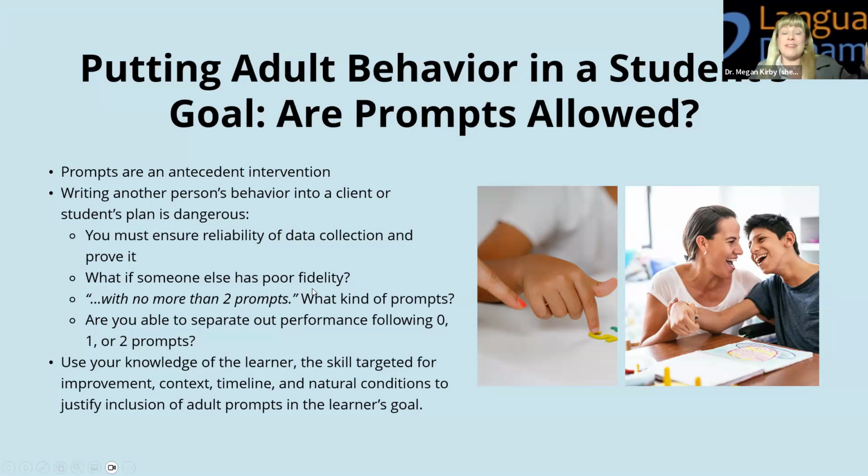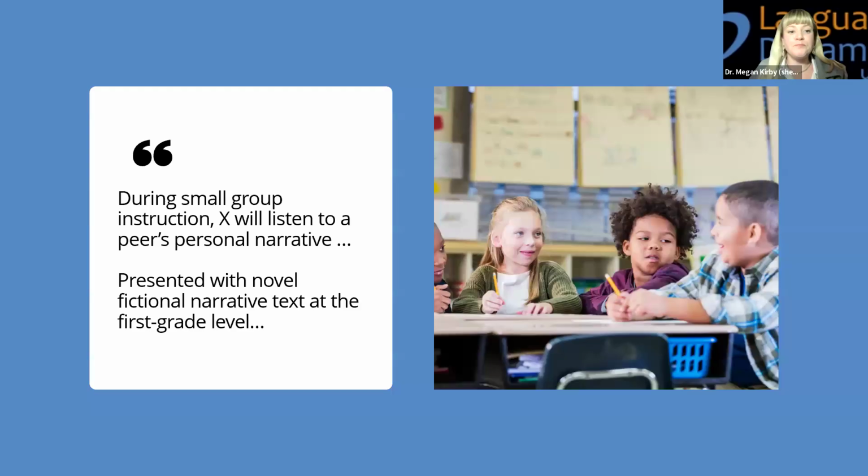Well, that's why your student isn't making progress. So I trust clinical judgment, and I do not write any student goals with adult behavior in them, because those are teaching techniques. So for example, during small group instruction, X will listen to a peer's personal narrative and then what, right? So these are the contexts: where, when, with whom.